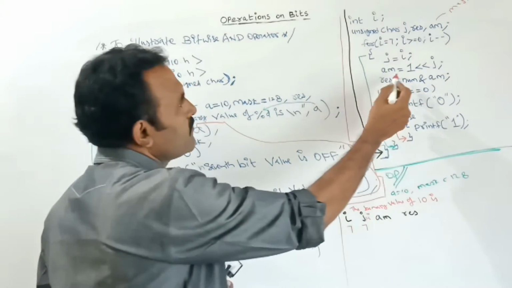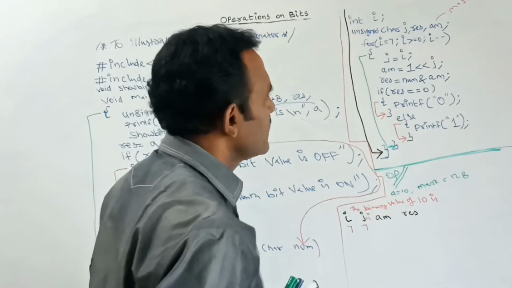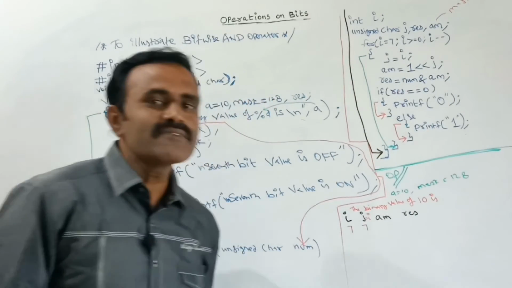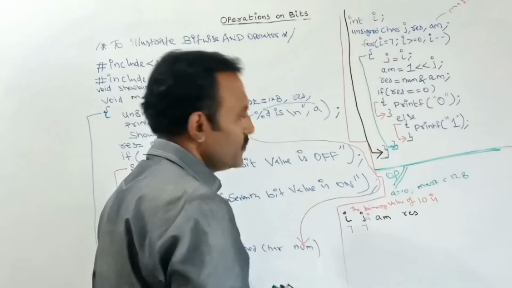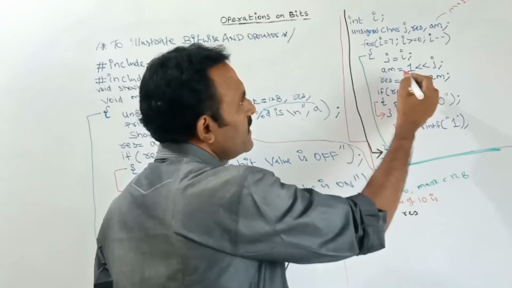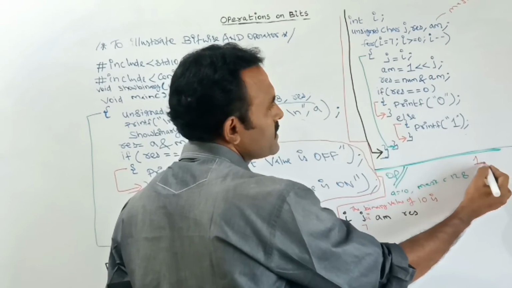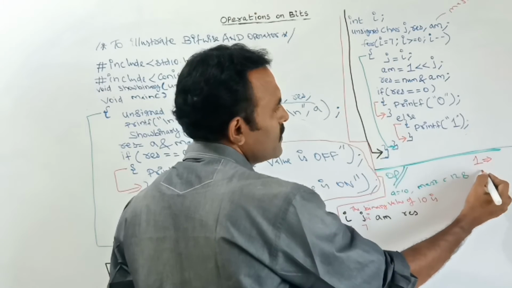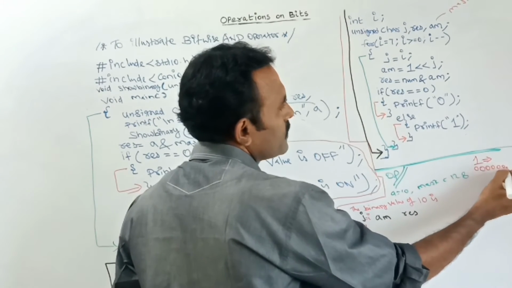Next here am is equal to 1 left shift of j. See here, if you are left shifting the 1 with j value, see here what is the binary value of 1? The binary value of 1 is here, this is 1, binary value of 1 is 0 0 0 0 0 0 1.